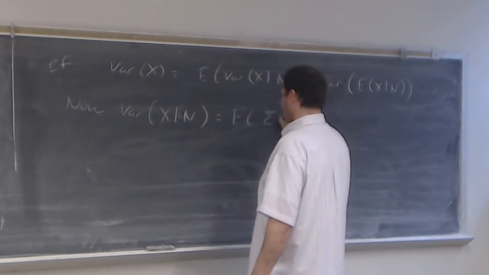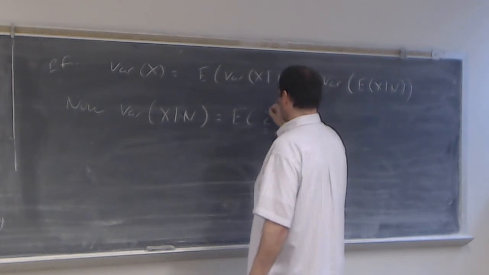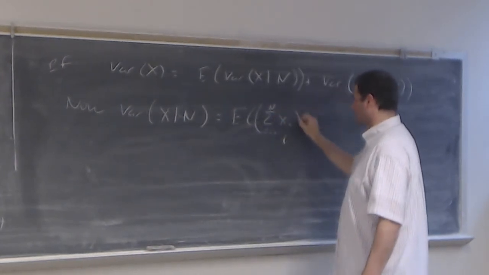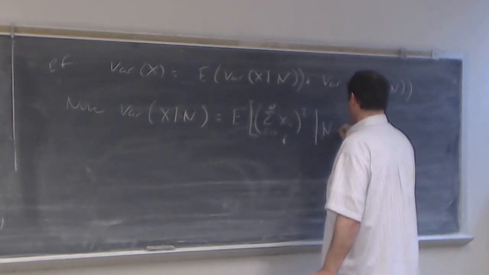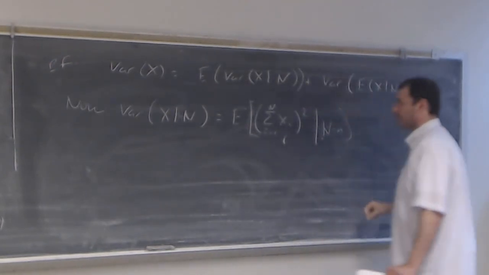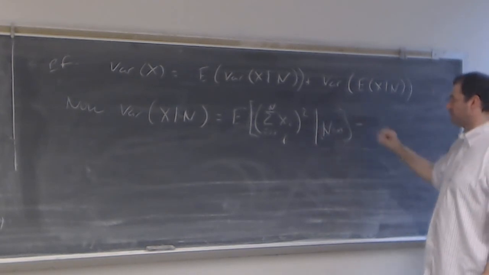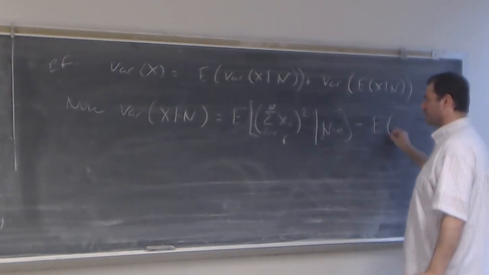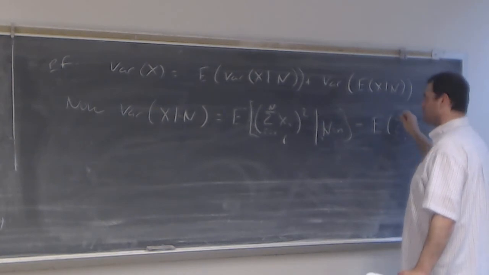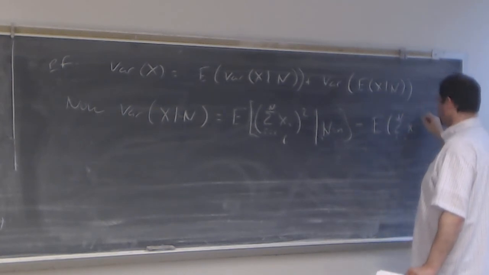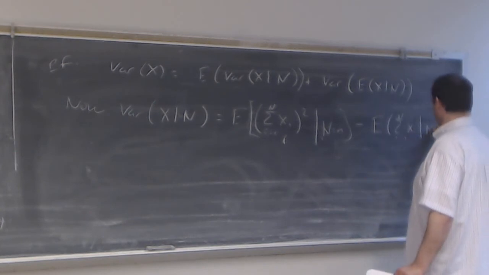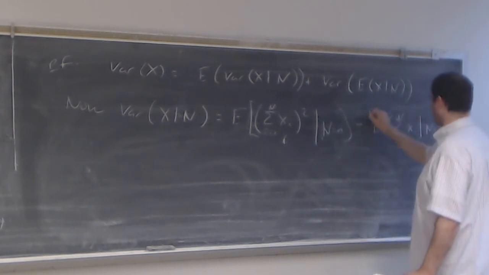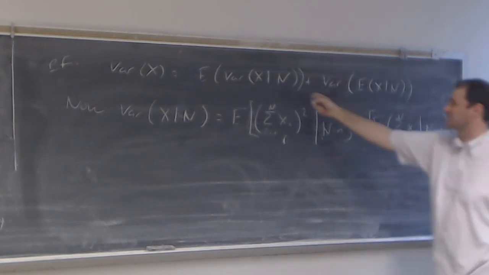So that's the sum of the x sub i's, i running from 1 to big N, to be squared, given N equal to little n, then it's minus the expected value of the sum as i runs from 1 to big N of x sub i's, given N equal to little n, all that to be squared. Okay, so that's this part.